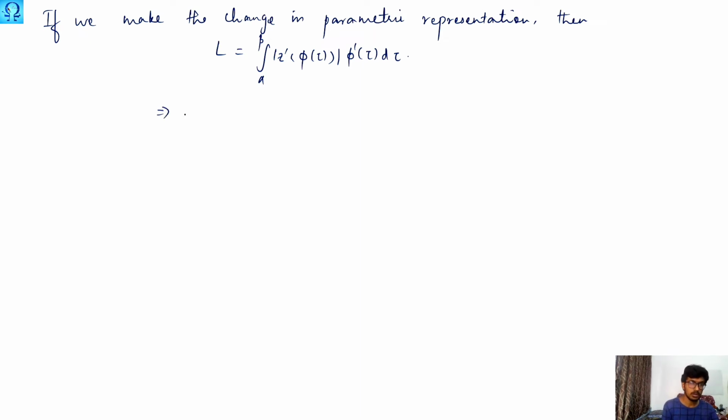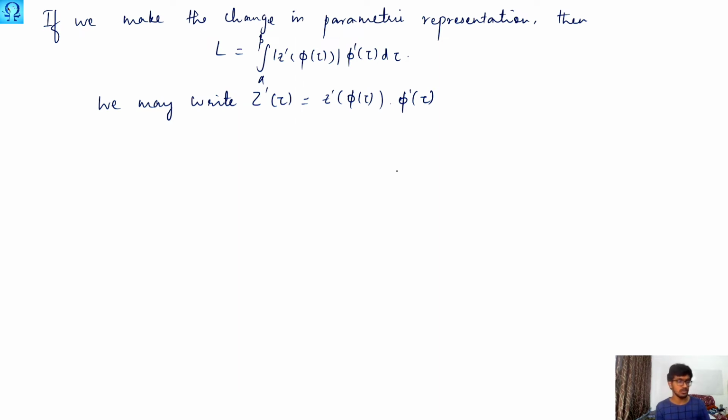So we may write big Z prime of tau as z prime of phi of tau multiplied with phi prime of tau, just the usual chain rule. With this, the L value becomes the integral from alpha to beta of the absolute value of big Z prime of tau d tau.